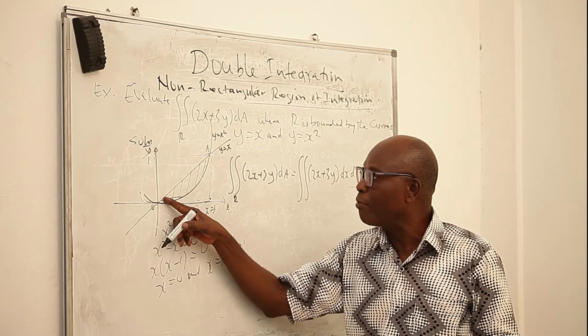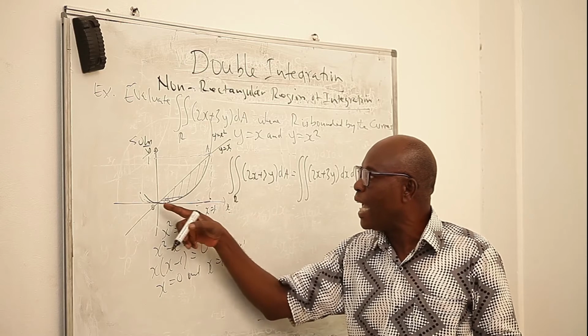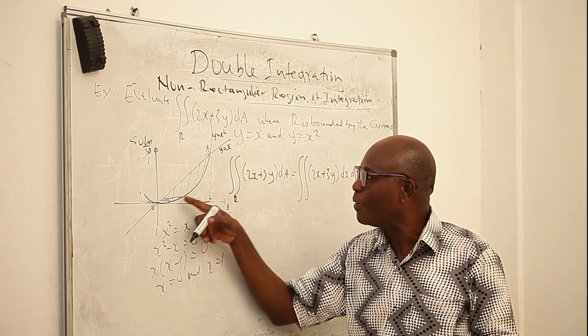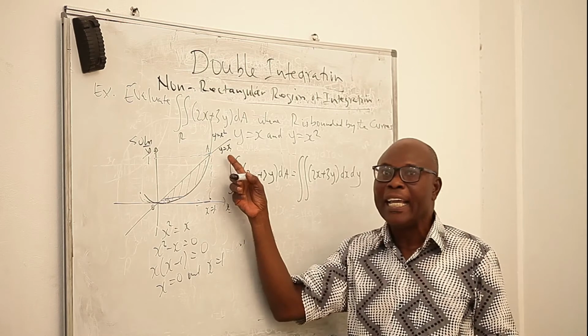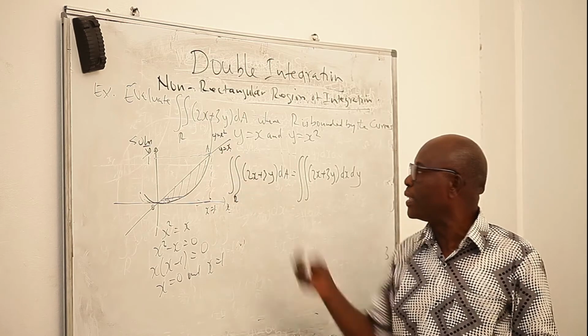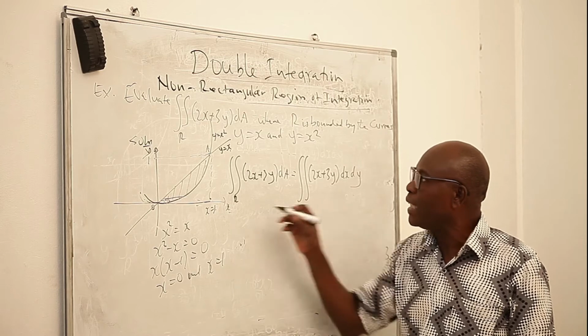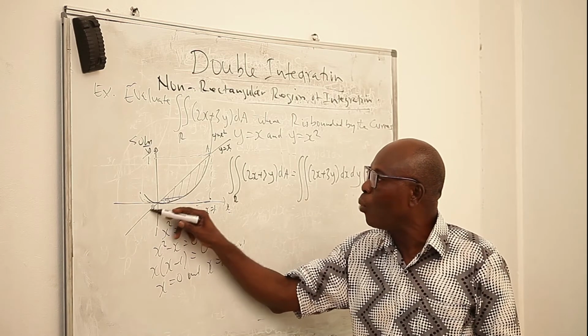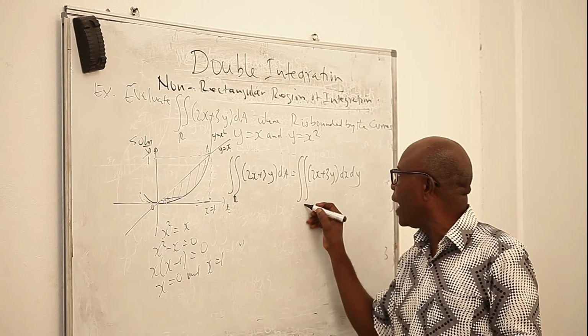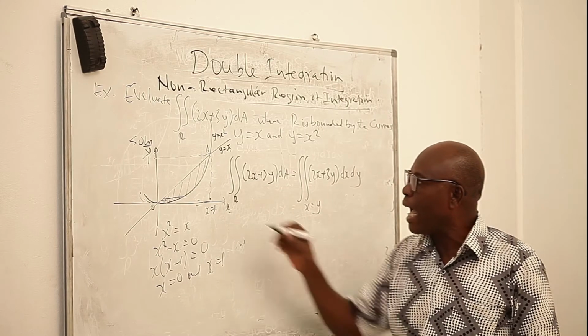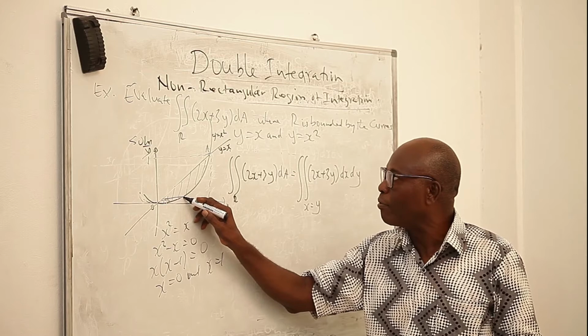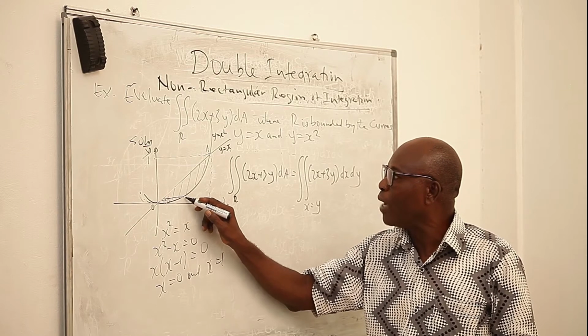So the lower curve is y equal to x, and then the upper curve becomes y equal to x squared. And so we find the inverse of this. So the lower curve is y equal to x, and therefore if you find the inverse, x equal to y. And then up to this upper curve, y equal to x squared.